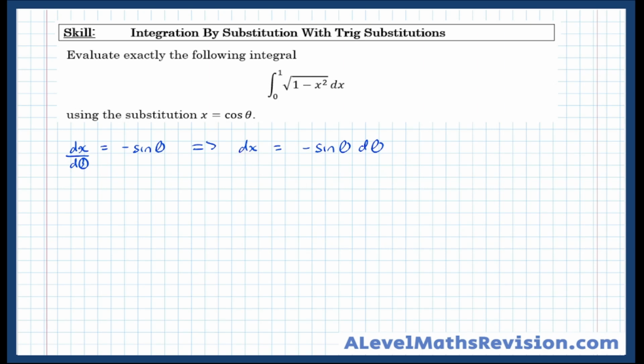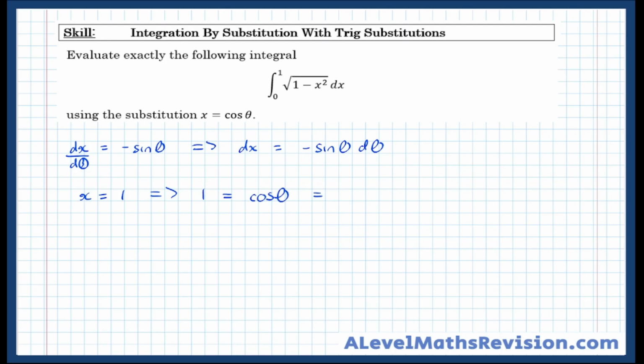So now let's try and get everything in terms of theta. But remember, you're going to have to change the limits. So see if you can change the limits based on our substitution. You might want to pause and have a go at that, but I'll do it now. So when x equals 1, that means that 1 equals cos theta.